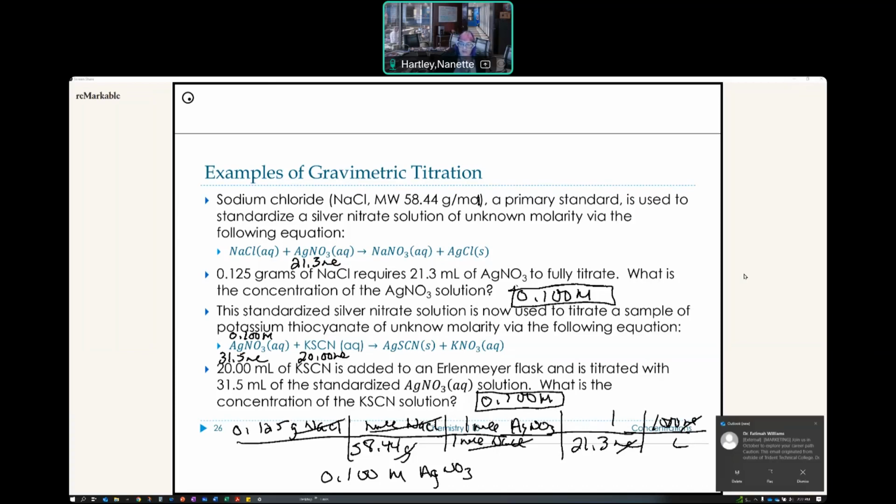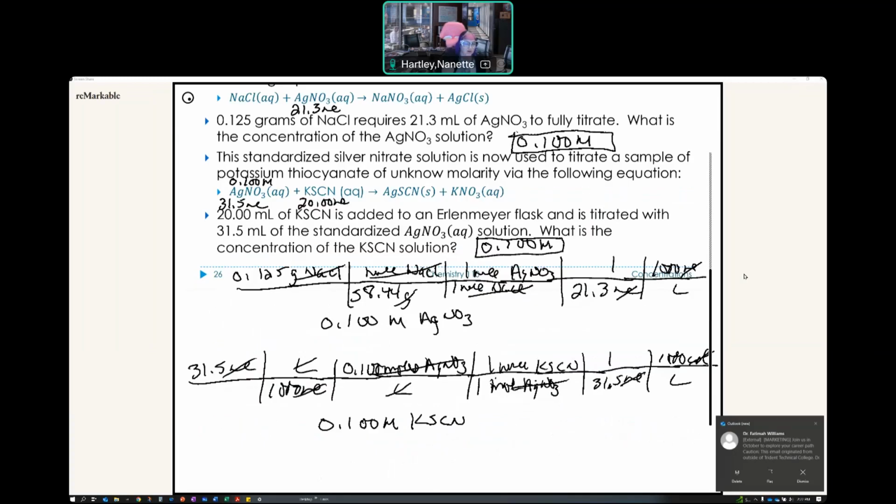So what I did was I said, okay, I have 0.125 grams of this NaCl, and I know the molecular weight is 58.44. So when in doubt, convert to moles. I took that 0.125 and divided it by 58.44, and that got me moles of NaCl. I know that 1 mole of NaCl, per this balanced equation, reacts with 1 mole of AgNO3.